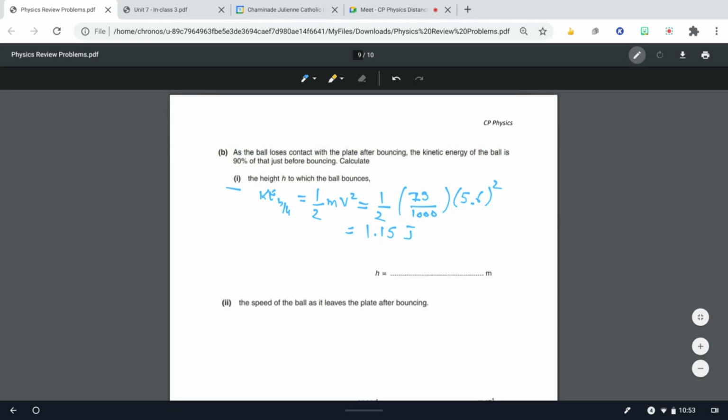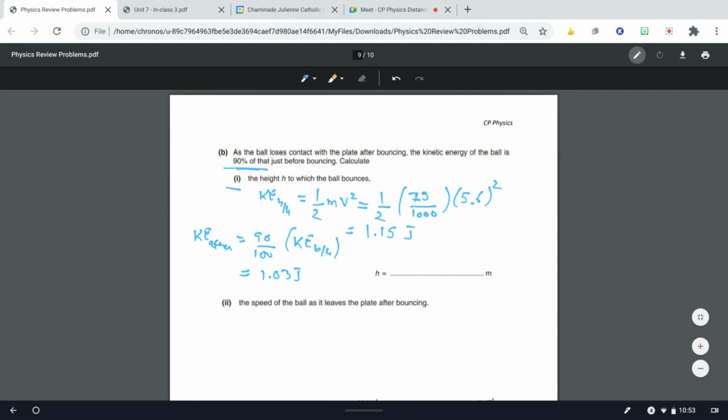Now 90% of that energy is remaining after the bounce. So kinetic energy after is going to be 90 by 100 of KE before impact, so times 0.9. That is your kinetic energy after the ball has bounced.